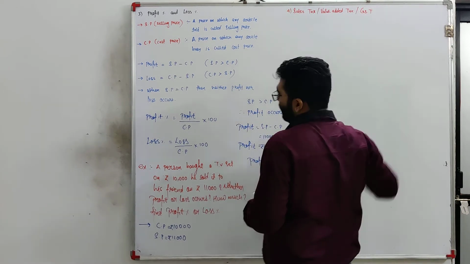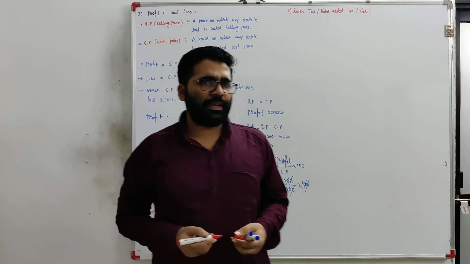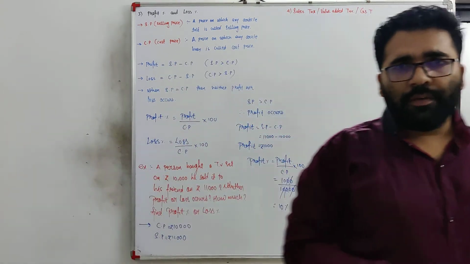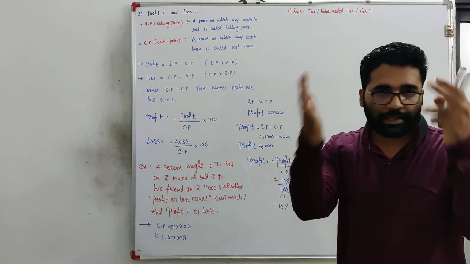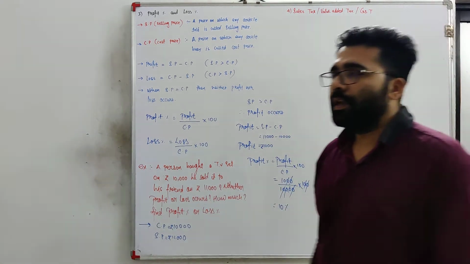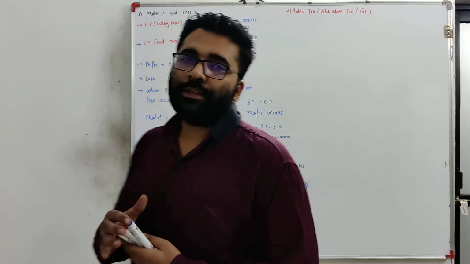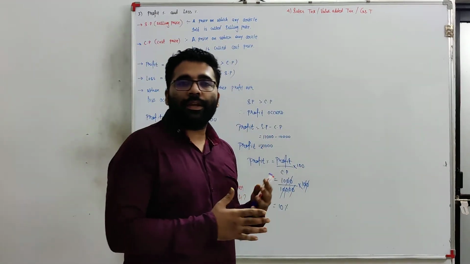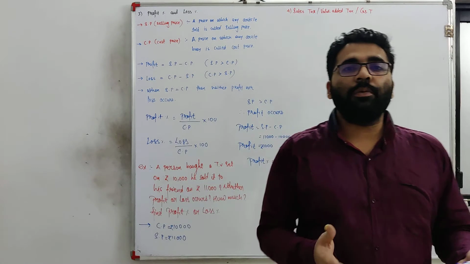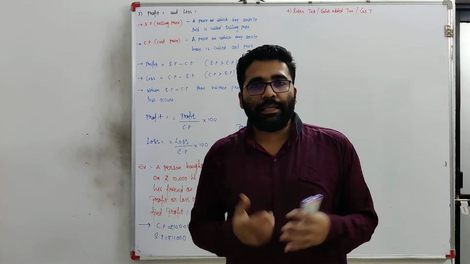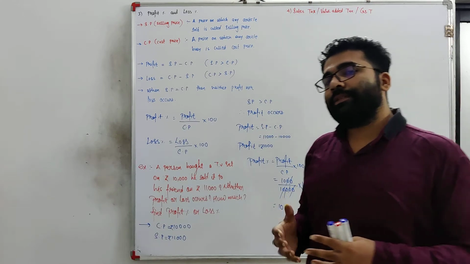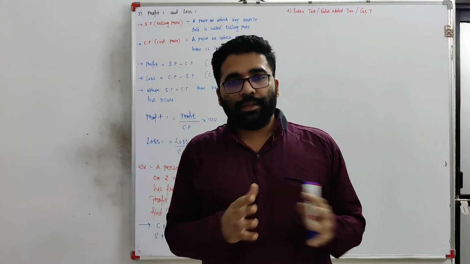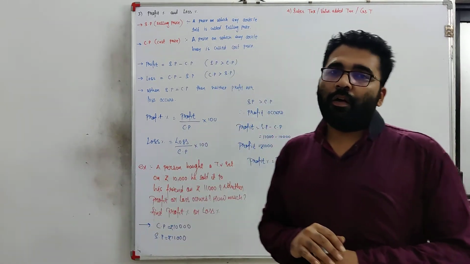GST is the familiar word, because sales tax and value added tax are not familiar words for the student, but if you talk about GST, they can easily understand. These are the taxes taken by the government on the selling of any items, on the making of any items, or all over, the making and selling of all the items.